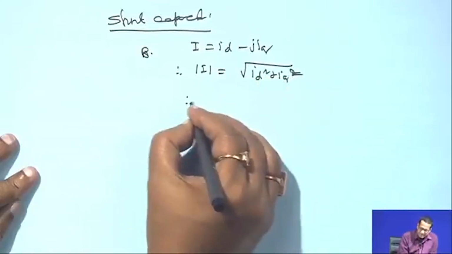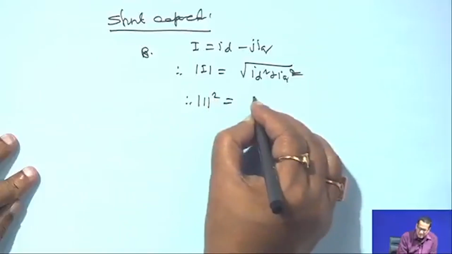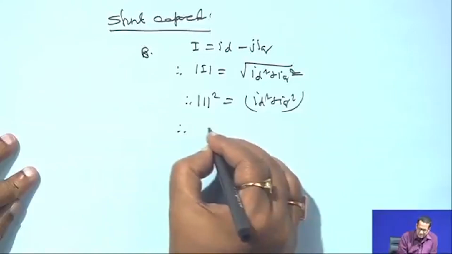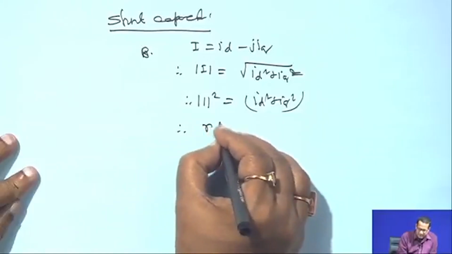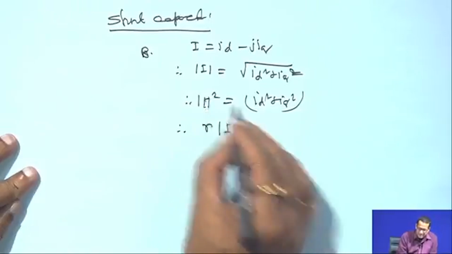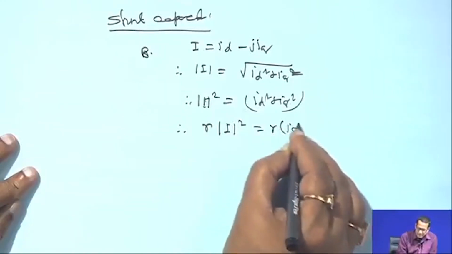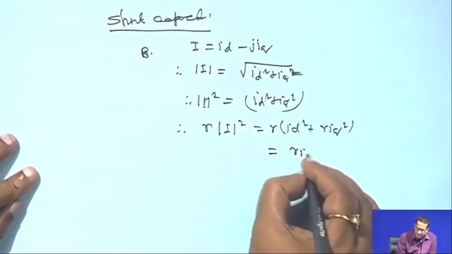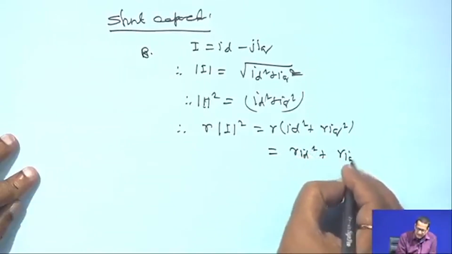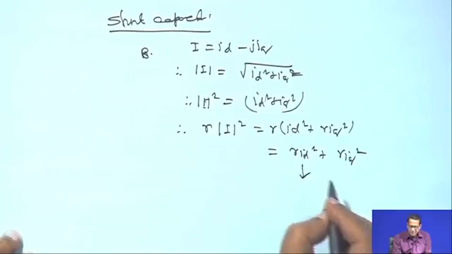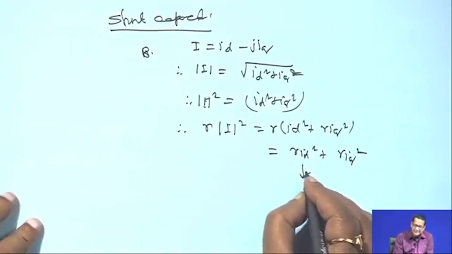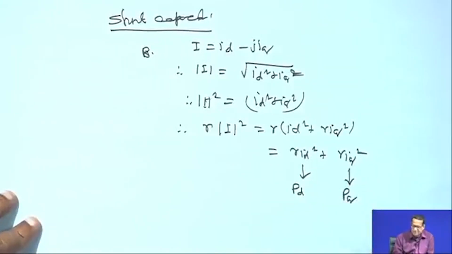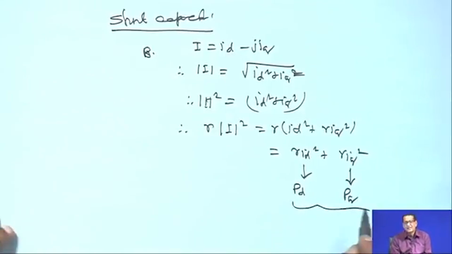That means I square is equal to I d square plus I q square, and the real power loss is R I square, which is equal to R I d square plus R I q square. This part we call the d axis component, say P d, and this part is P q.